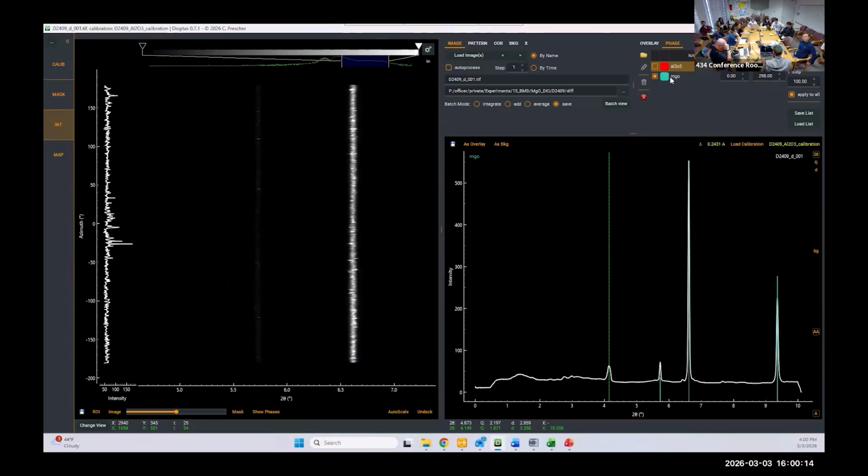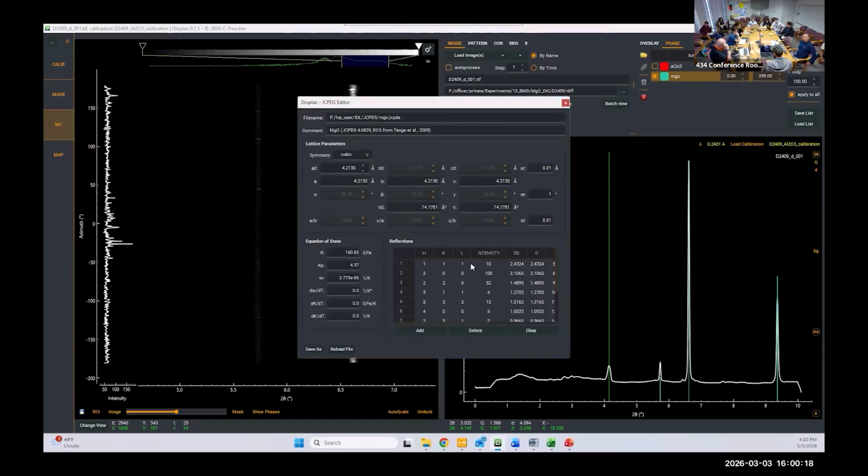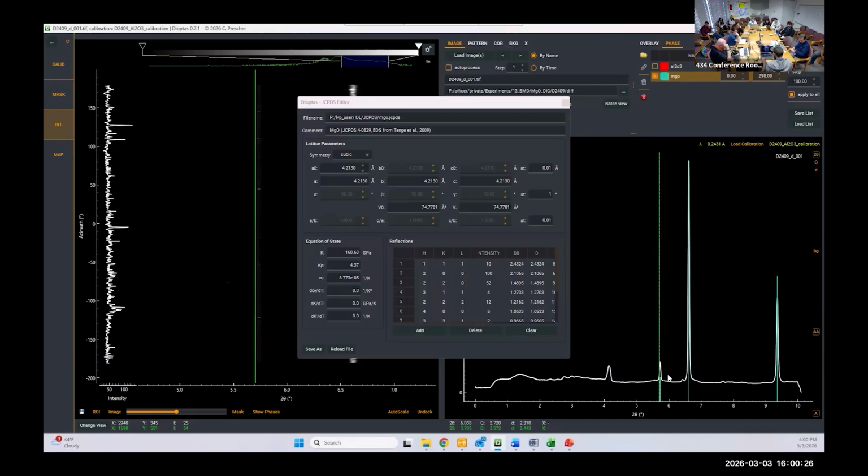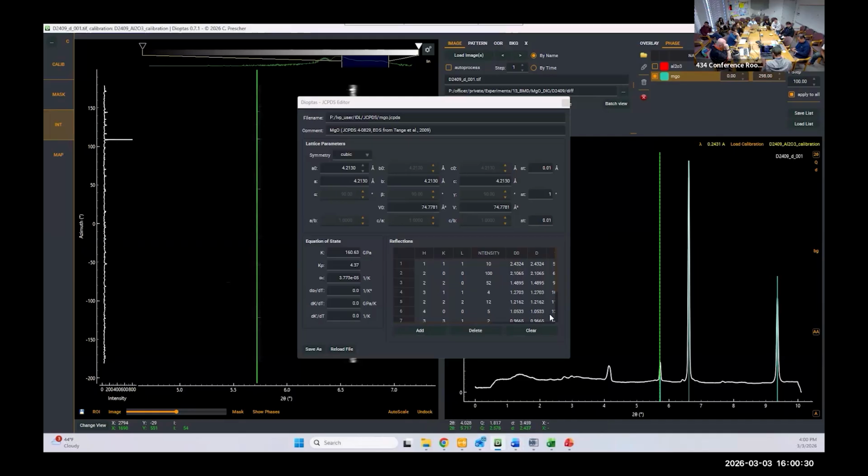So if I go to edit for my JCPDS file, it will give me all the different HKLs and their d-spacings and stuff. So you can look at it in Dioptas that this one is at a d-spacing of 2.437 and 2.432. So I know it's 111, but you'll need to know accurately which peaks are which.